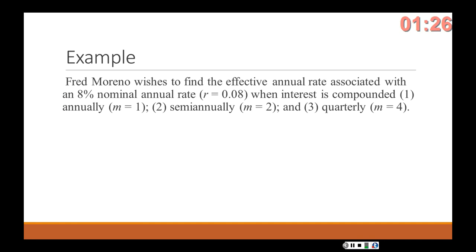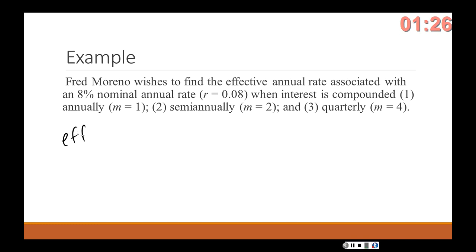So here's an example. Fred wants to know his effective rate if he has an 8% nominal rate. So in his contract it says that he's earning 8%. He wants to know exactly how much he is earning when interest is compounded annually, semi-annually, and quarterly.